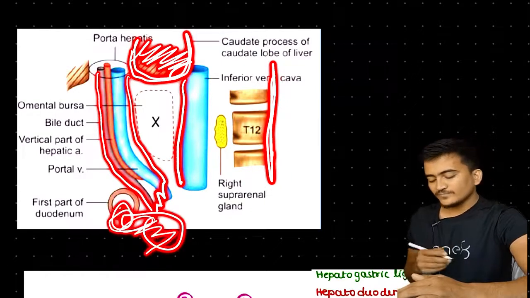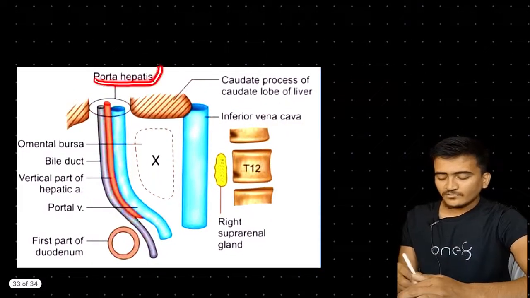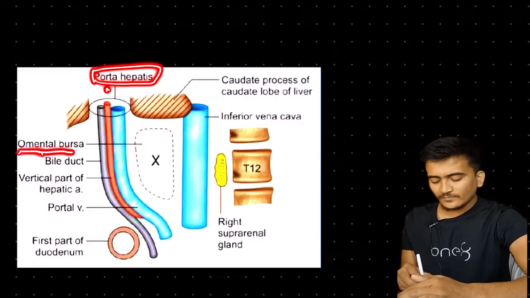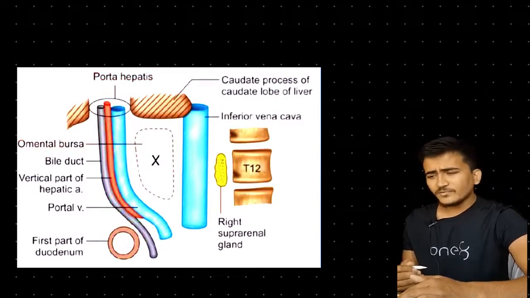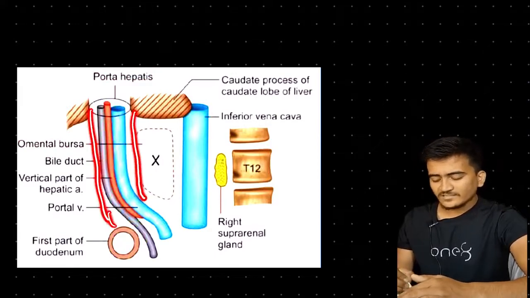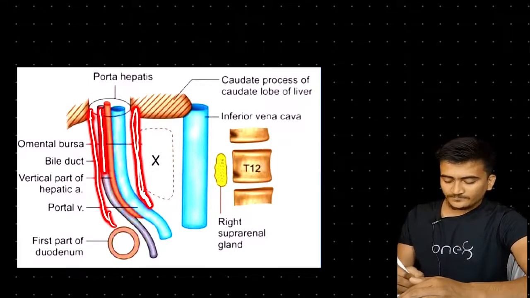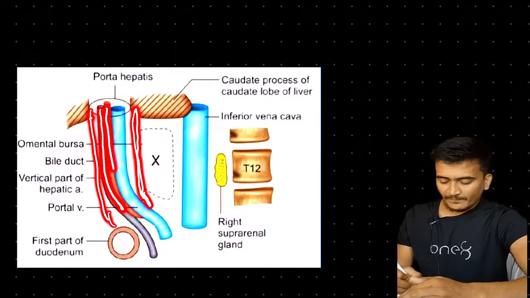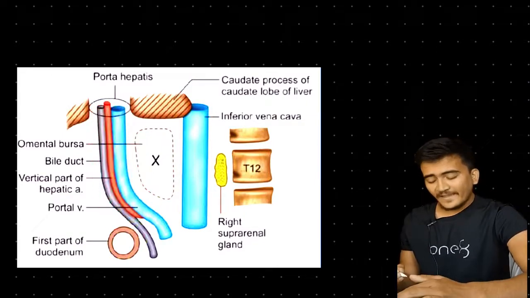Talking about the anterior boundary, we said that the lesser omentum will form the anterior boundary, and the lesser omentum consists of our bile duct, hepatic artery and portal vein. These are the structures that make the anterior boundary.